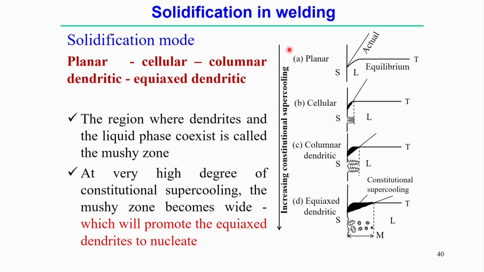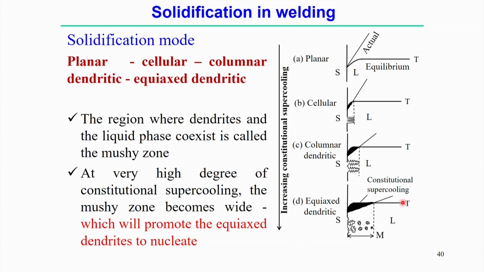Here you can see that increasing the constitutional supercooling transforms the structure from planar. Very low constitutional supercooling promotes the formation of a planar solid liquid interface, but if the constitutional supercooling is very high, maximum in this case, it promotes an equiaxed dendritic structure.